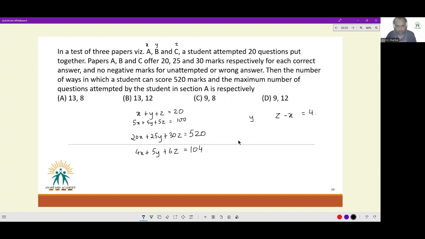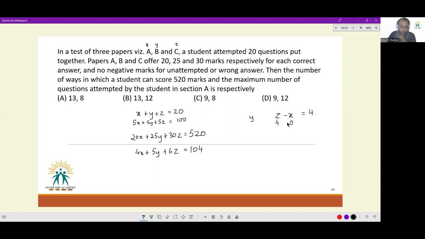Correspondingly, I can also get to y. Number of solution sets. I know that z and x, best case I can think of is 4 and 0.